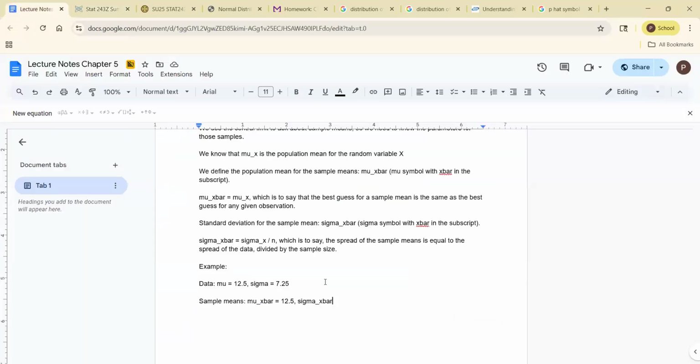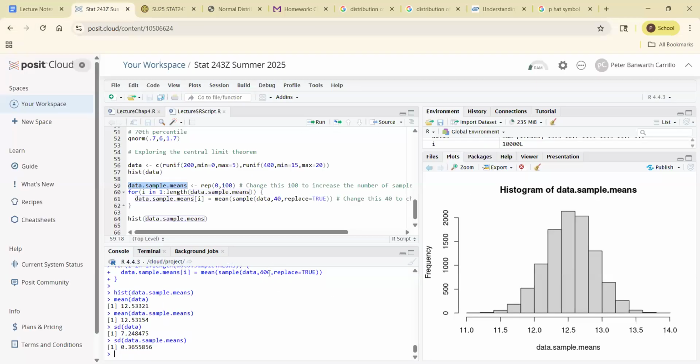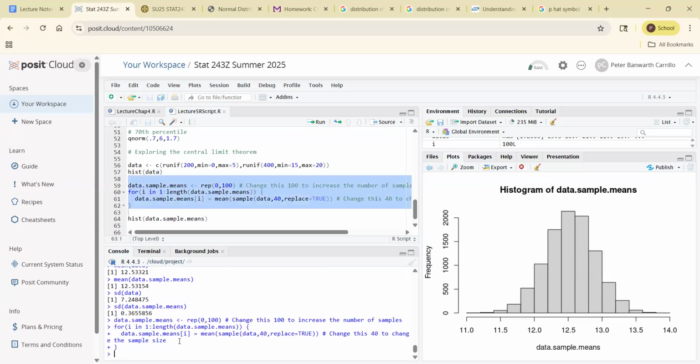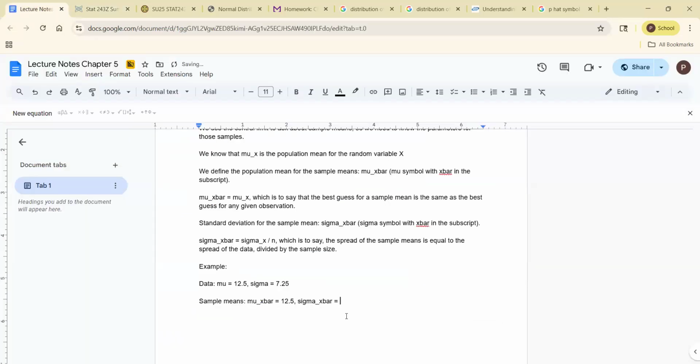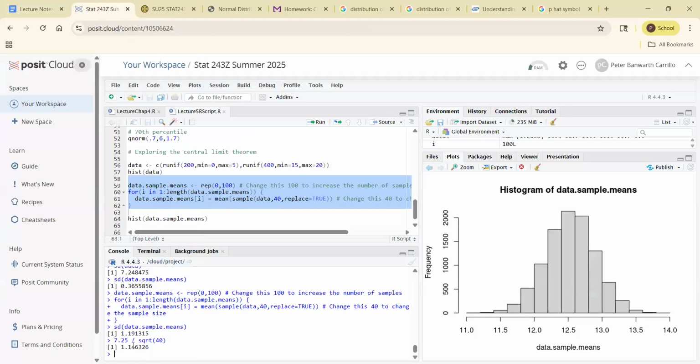Let me go back here. Okay, that's better, 1.19. And so if I take 7.25 and divide it by the square root of the sample size, which was 40, I get something very close to 1.19.